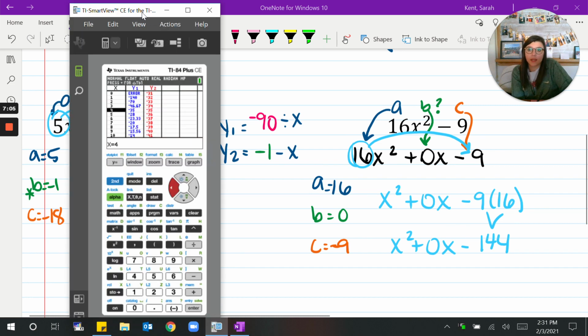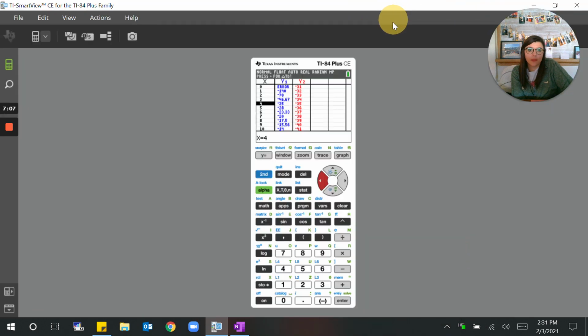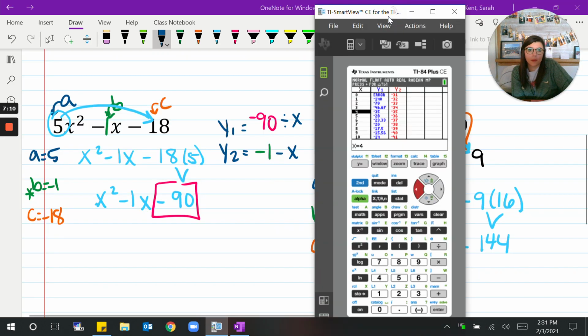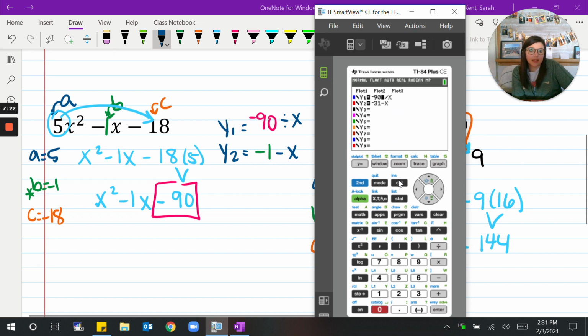So in my calculator, go to y equals, here not negative 140, but negative 90, divide by x. And here I want negative 1 minus x. So once I have those 2 typed in, I can press second graph.